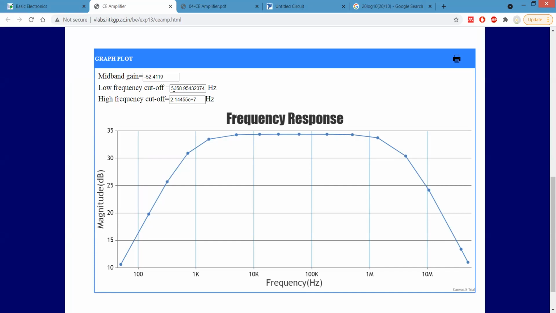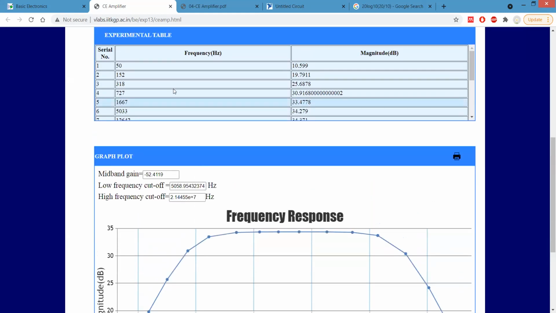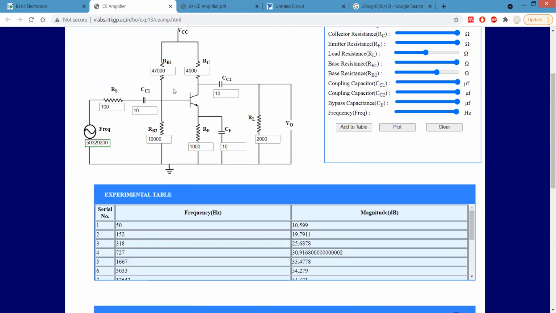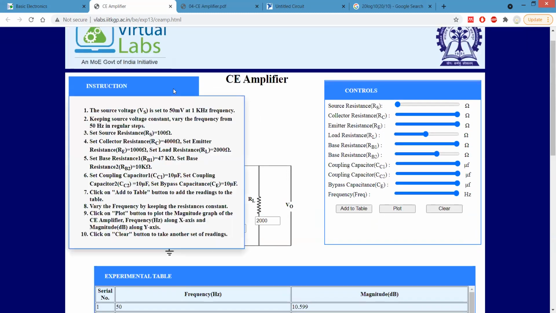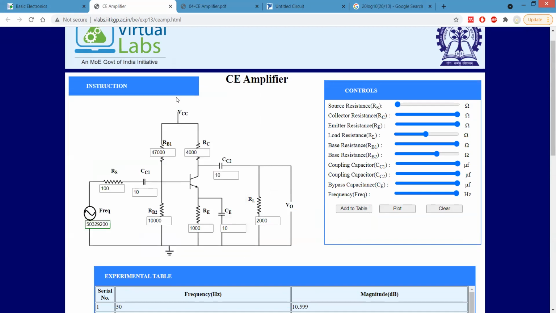But still, as you can explore further, we need a more precise, specific amplifier for different amplification purposes. So this is the amplification portion, the common emitter amplifier. In this case, we have considered all the suggested values.